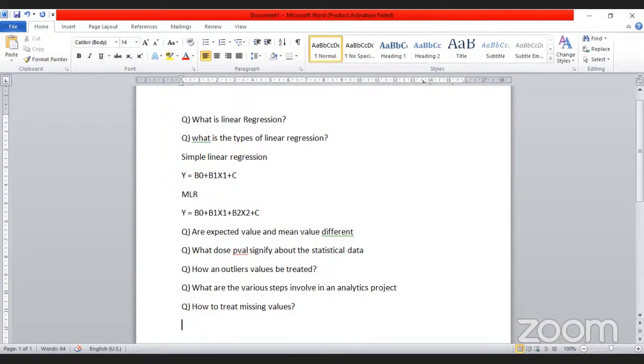But the condition is we have to check outliers first. We know our mean is influenced by outliers. So if we have outliers, we can't replace our missing values with the mean of the data. For that reason, we are going to use median imputation.